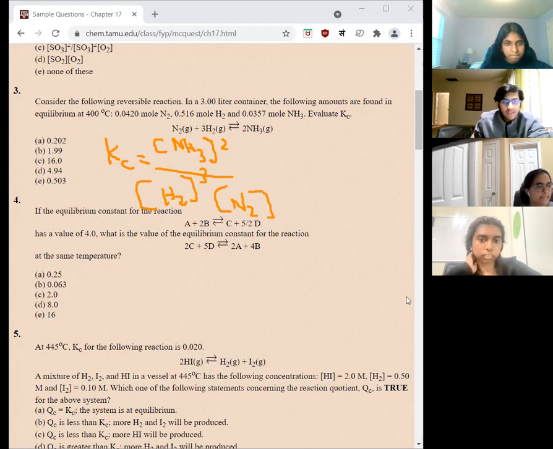Well, you have to. They give you moles, right? So you have to do moles divided by liters to find the concentration, I believe. Yeah, so it's 3 liters. So then you would plug in for NH3, 0.0357. Yeah, I think you plugged in the wrong one, MG.